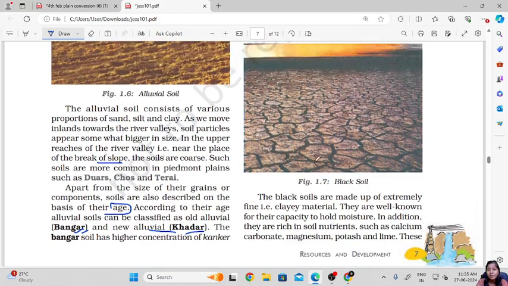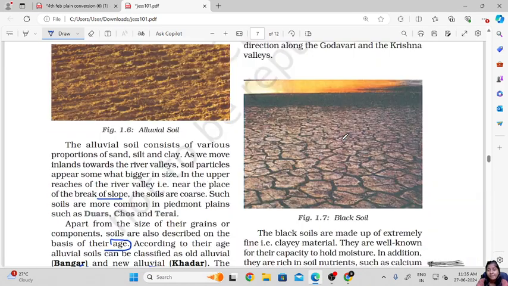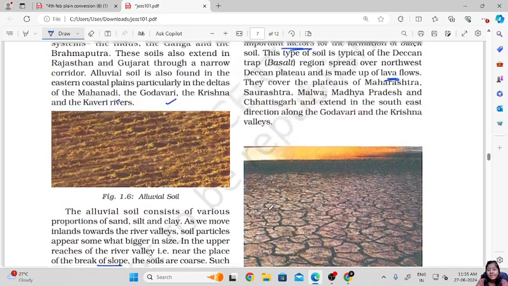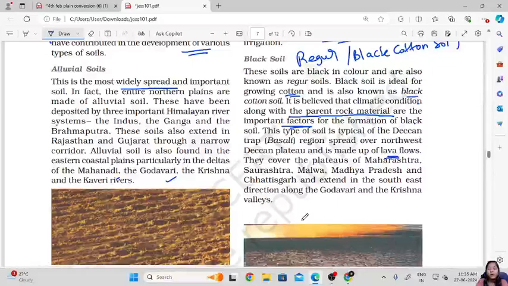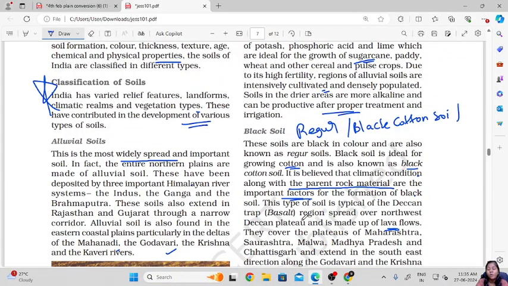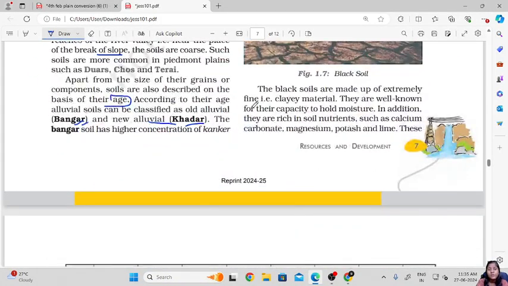Black soil mostly looks like the picture shown here. It is also called Regur or black cotton soil, because we can grow cotton on that particular soil. Black soils are made up of extremely fine clay material and are well known for their capacity to hold moisture.